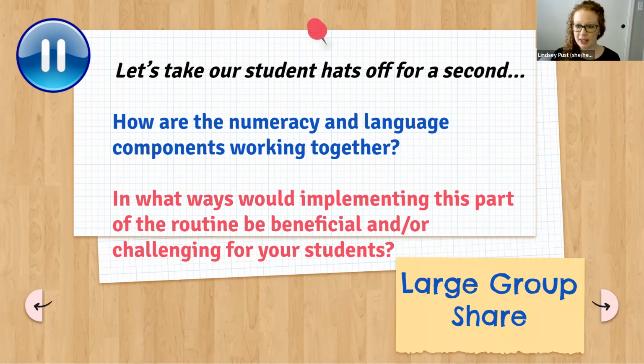But I also want to recognize we've done a lot in a very little bit of time. And so depending on the level of your learners, this would not be too much, or this would be way too much to do all at once, right? So you would have to adapt the pieces of it.